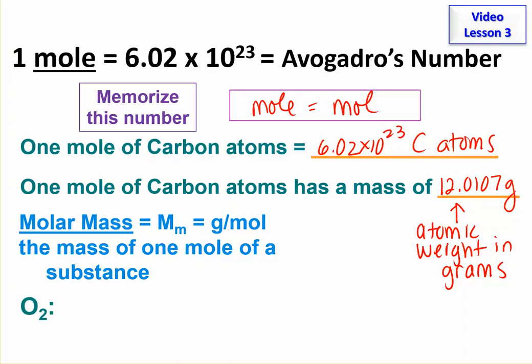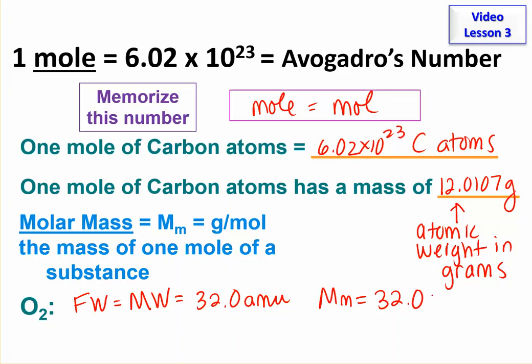So for example, oxygen, its formula weight or molecular weight, those two mean the same thing, is 32.0 AMU. This is the mass of 1 molecule of oxygen. Its molar mass, mass of 1 mole, is the same number, but in grams per mole.